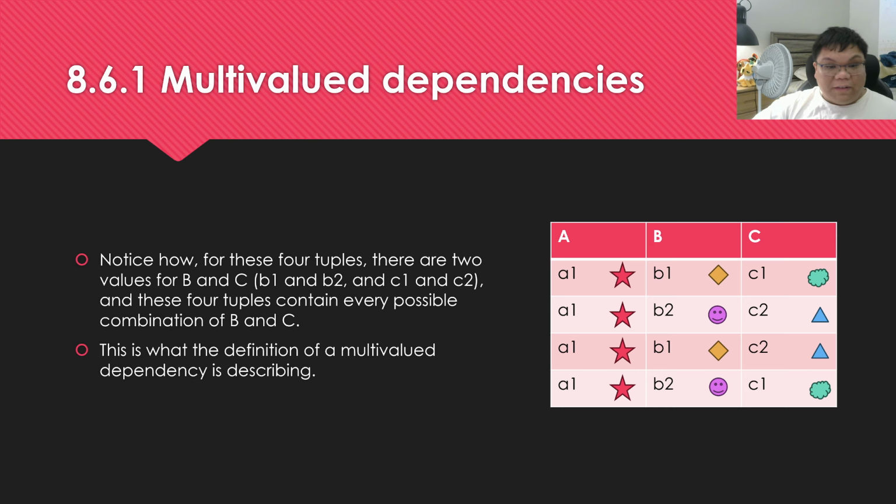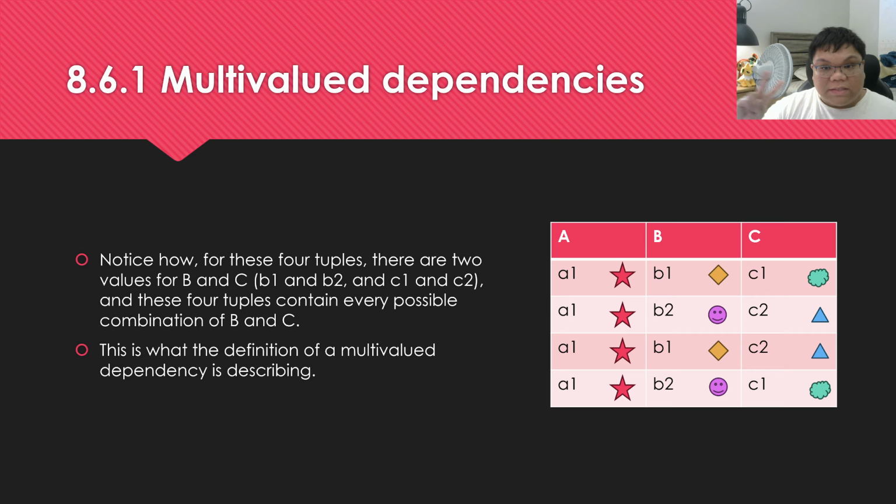So, there are two values for B and C, B1 and B2, and C1 and C2. And these four tuples basically contain every possible combination of B and C. And this is what a multi-valued dependency is describing.